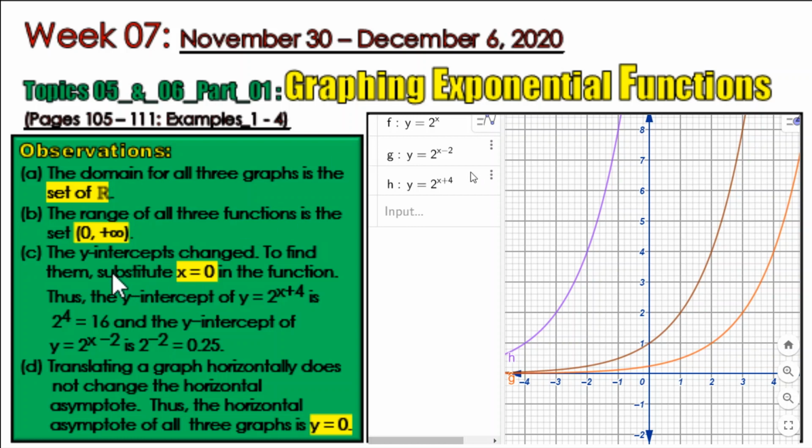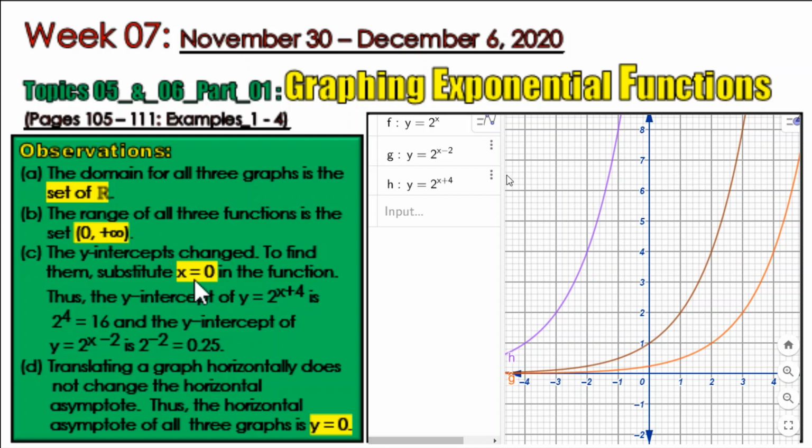Next, the y-intercepts change. To find them, substitute x is equal to 0 in the function. Thus the y-intercept of y is equal to 2 raised to x plus 4 is 2 raised to 4, which is equal to 16, and the y-intercept of y is equal to 2 raised to x minus 2 is 2 raised to negative 2, or 0.25.